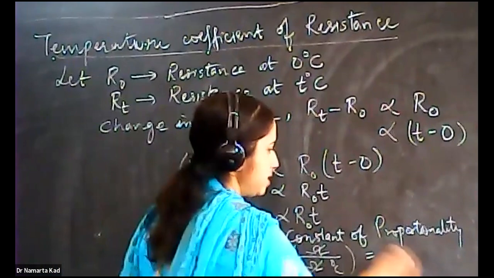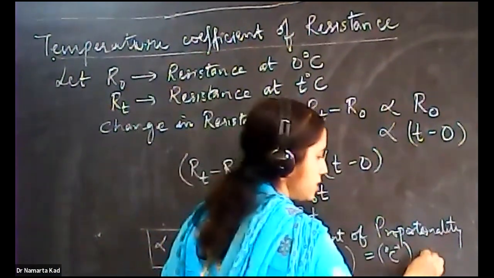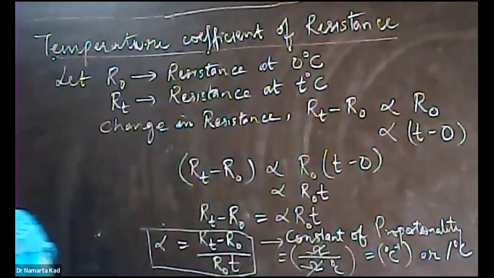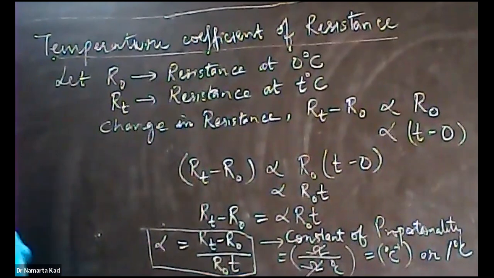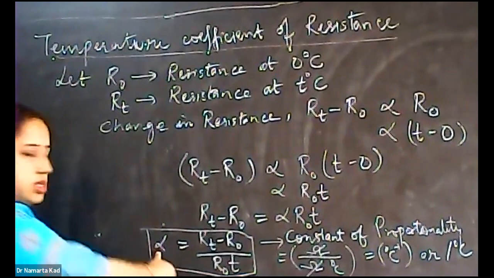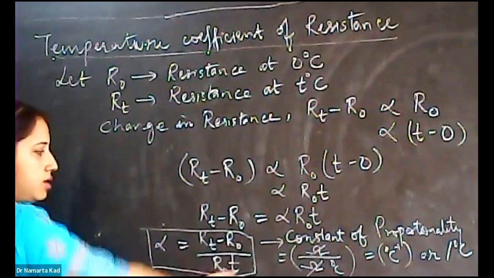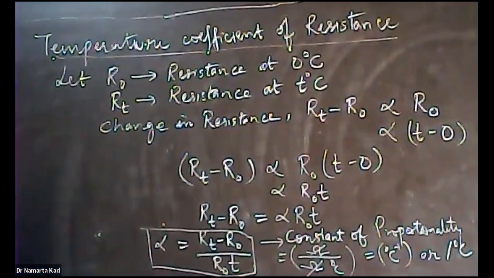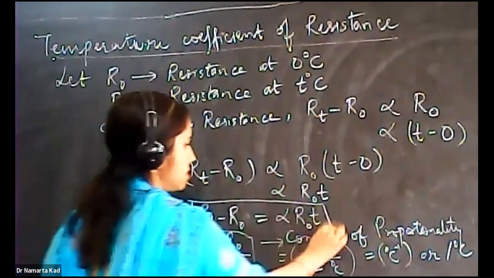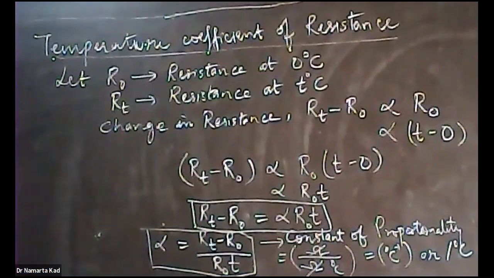So combining its unit can be written as degree C inverse, or you can also write as per degree C. Okay, so these are the units for temperature coefficient of resistance. It is symbolized by using the word alpha, and the formula is RT minus R naught divided by R naught into T. So you have to remember this formula, one formula this and one is this. Okay, these are the two formulas which you have to remember.